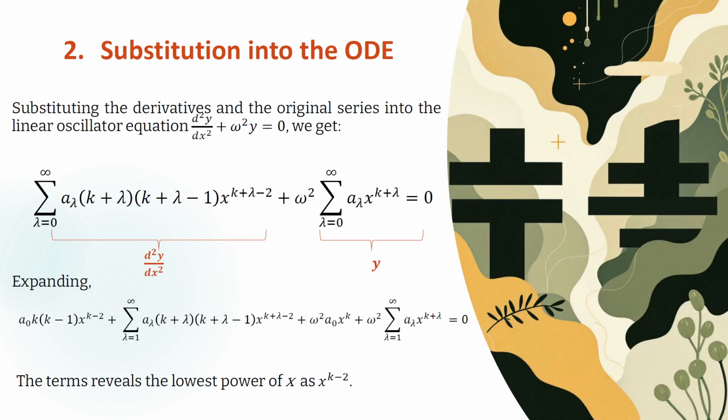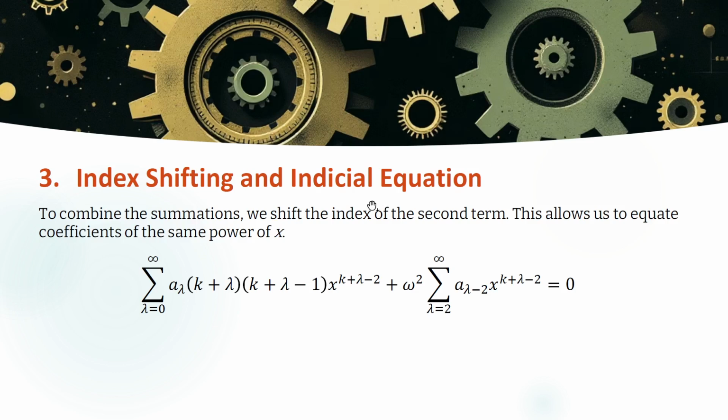So normally we do shifting of the indices. To combine the summations, we shift the index of the second term in this case. It's also possible to shift the index of the first term, but I find it more practical to just shift the index of the second term. But should you want to shift the first term of our equation, then it's also okay. And this allows us to equate coefficients of the same power of x.